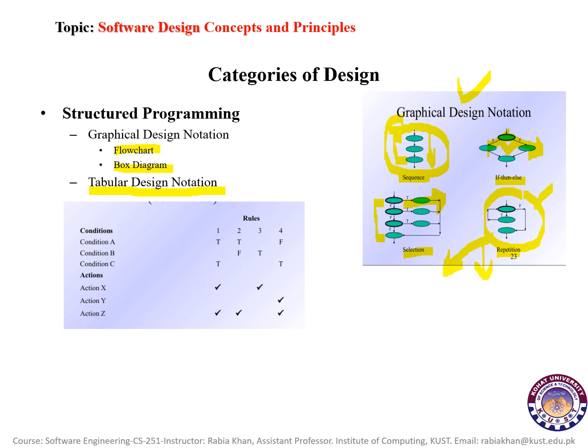So the common use of tabular design notation is in decision tables. The one drawn in this picture, you can see, is the decision table. How is the table organized? The table is divided into 4 sections.